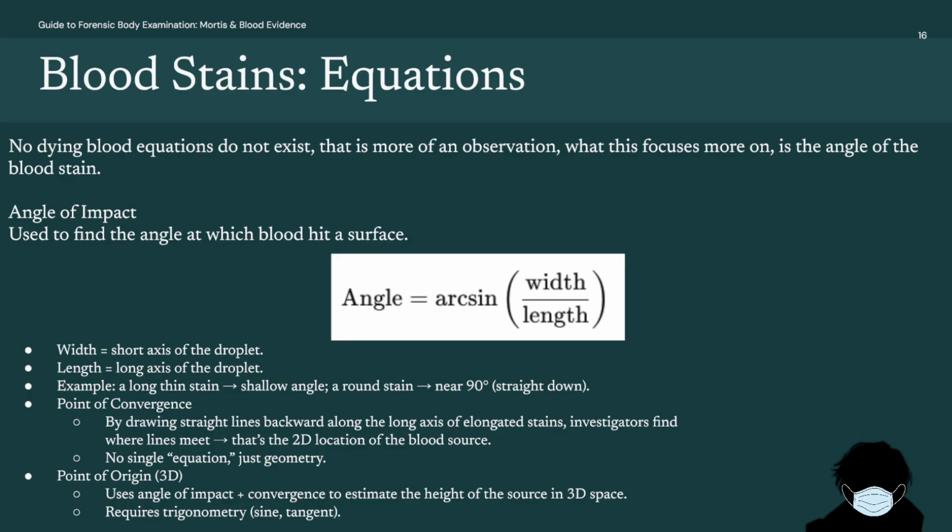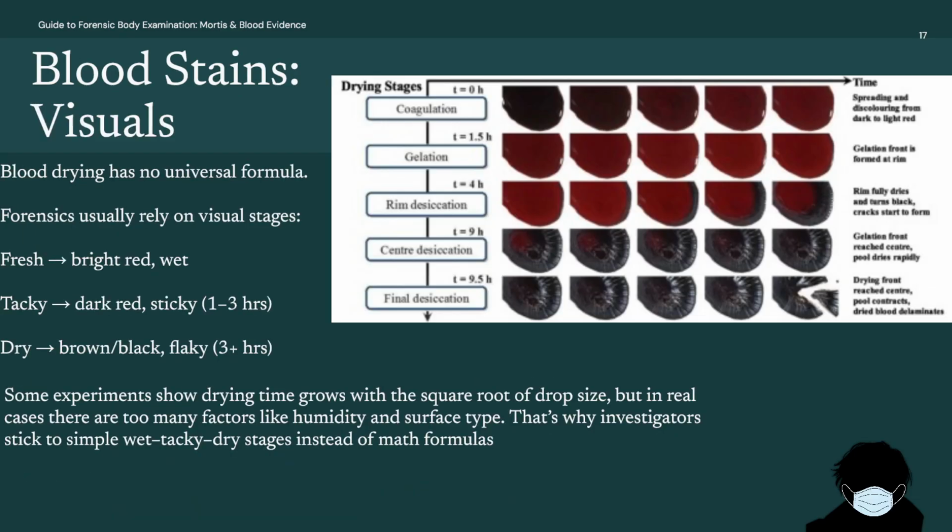You use angle equals arcsine of width over length, the short axis of the droplet over the long axis of the droplet. And as you use this equation, you will also combine the points regarding the point of convergence and the point of origin. Both have their respective points, and it's used for determining the crime scene and where the blood originated from.